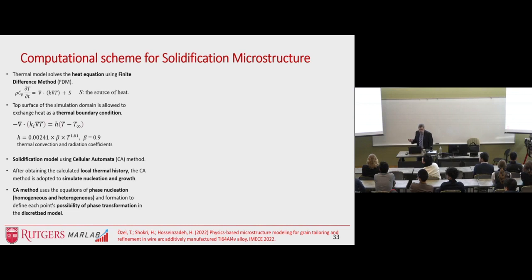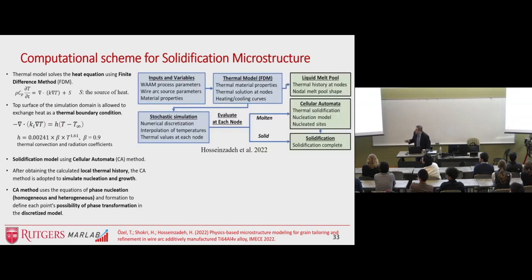The cellular automata method uses the phase nucleation, whether it's homogeneous or heterogeneous, and formation, and then the possibility of phase transformation in a discretization model. So you see that we have the inputs, thermal model, and then we get the liquid melt pool, and then we use cellular automata, and then the solidification model.